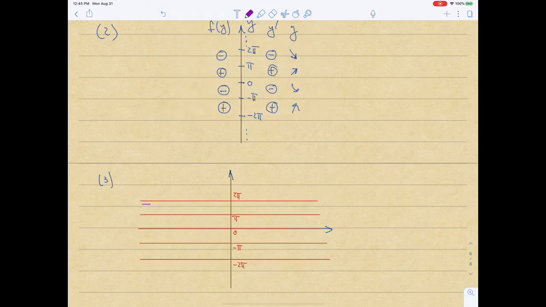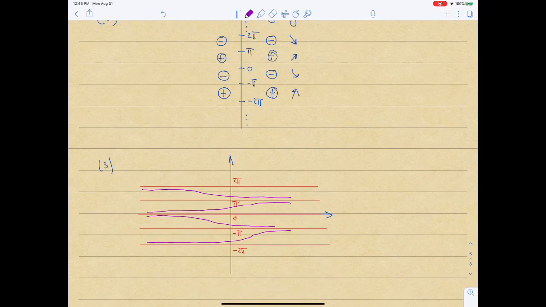So decreasing, decreasing here, increasing here, decreasing, increasing, and then continuing in the same vein as you keep going up and down.